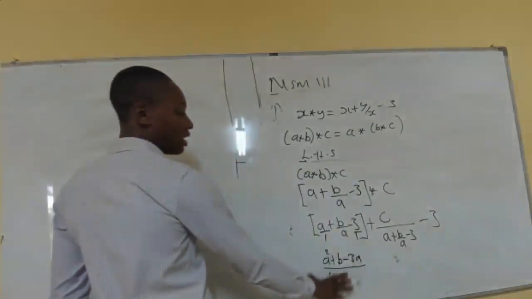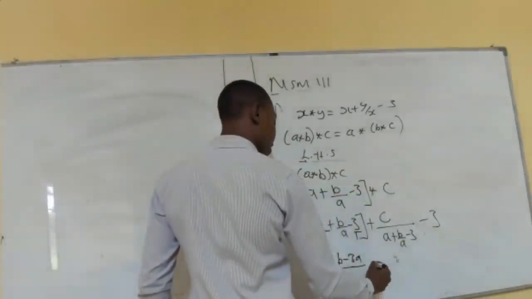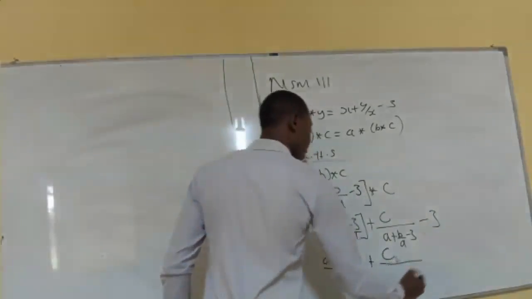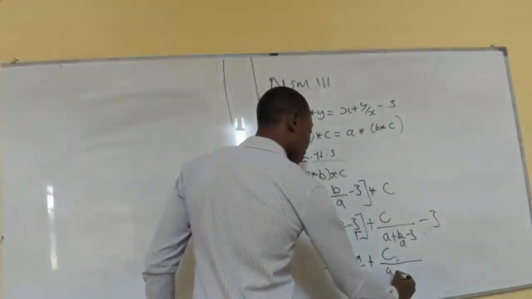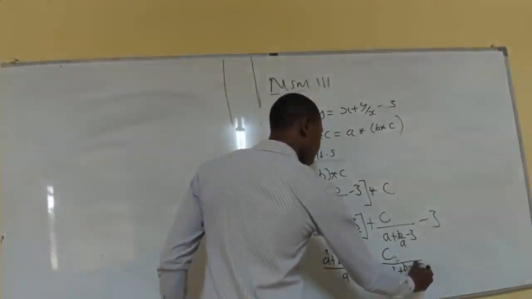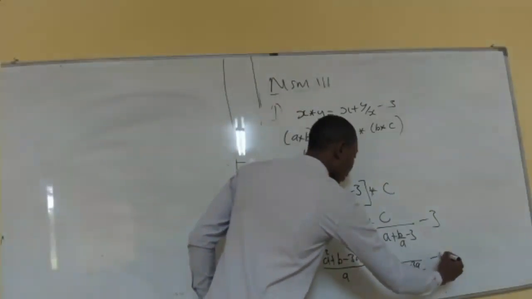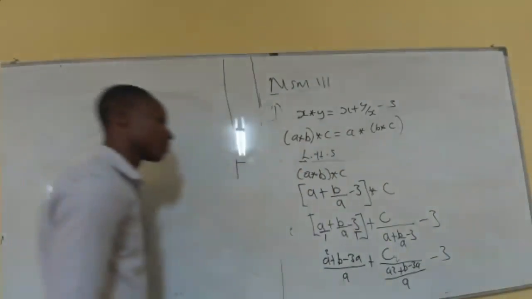Alright, so this thing is basically what is here in the denominator. So plus C over, we're going to have A squared plus B minus 3A over A, then everything minus 3.